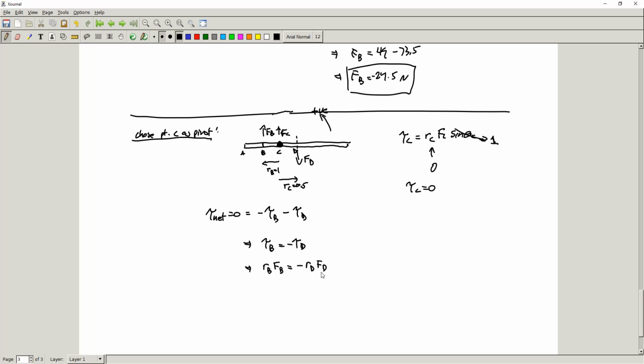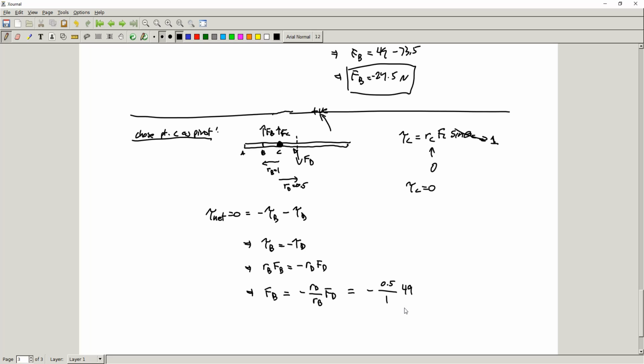Substituting in for the values that we know, or I guess maybe I'll solve for FB on its own. We have RD over RB FD, and this is going to be minus RD. Oh, and I'm not sure why I labeled that C, that should be a D. So RD is 0.5 divided by RB, which is 1, and FD again is 49.